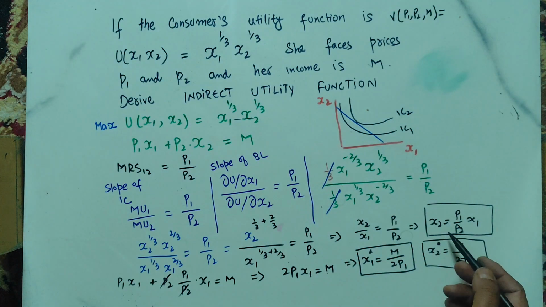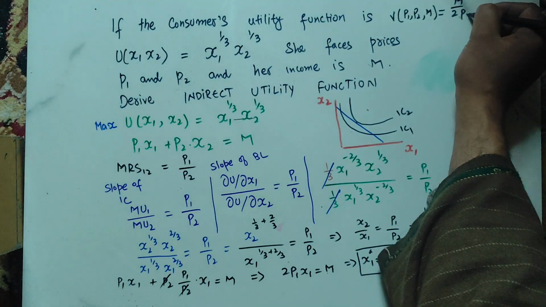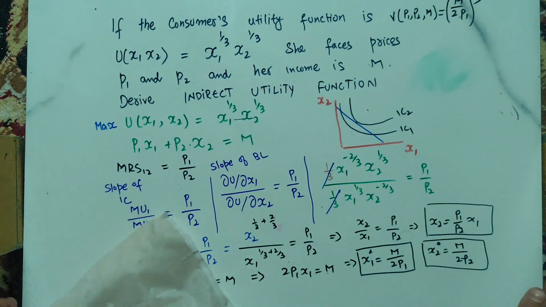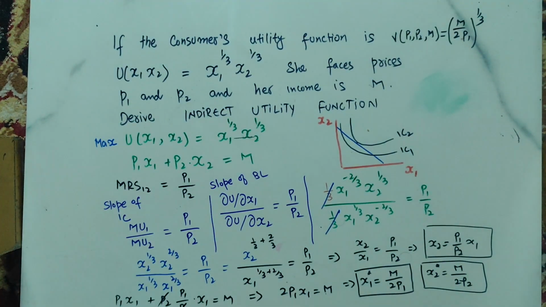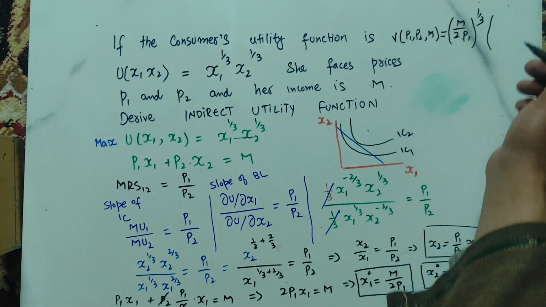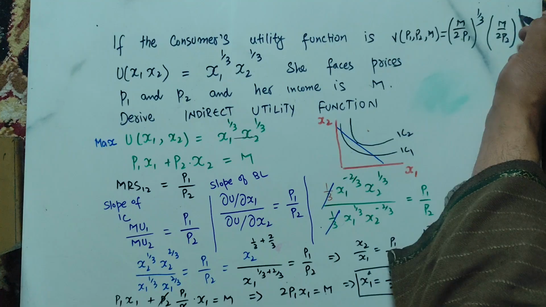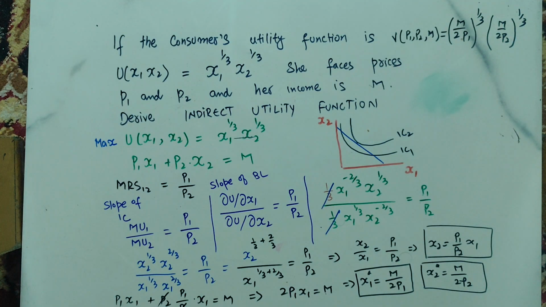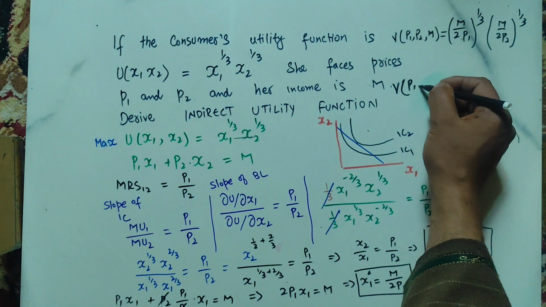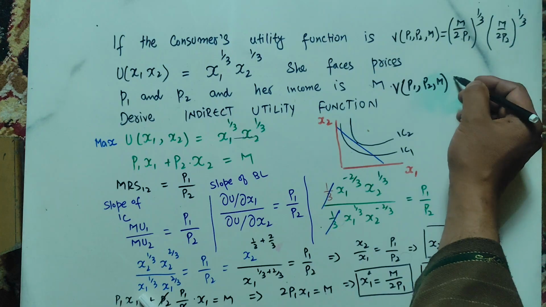So in place of x1 we have m upon twice P1 raised power 1 upon 3. Likewise, for x2 we have m upon twice P2 raised power 1 upon 3. Okay, now if I try to solve it further, so indirect utility function will be a function of P1, P2 and m.